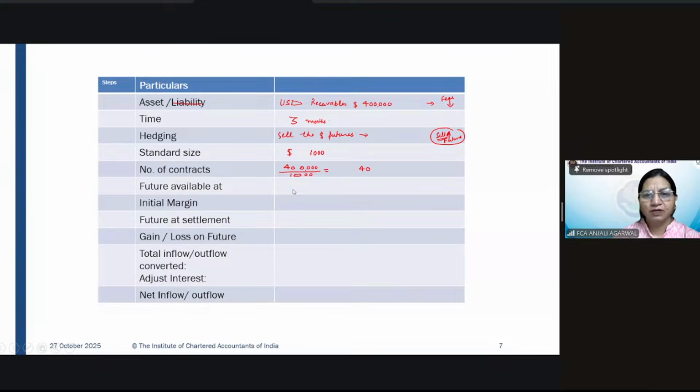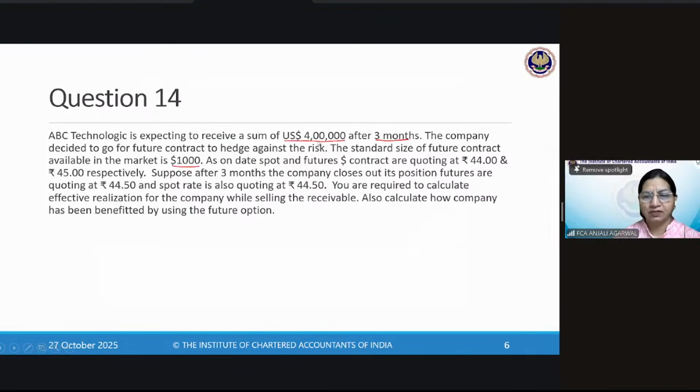Right? So we'll go very slowly. Do we have an asset or a liability? What is the time? How are you going to hedge? So you have to decide whether you will buy or sell futures for that currency. Then you have to find out how many contracts you have to purchase by looking at the standard size. The total amount divided by standard size tells you how many contracts to buy.